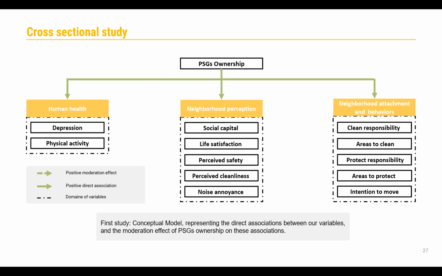In a first step, we analyzed the direct correlation between PSG's ownership and our variables, and in a second step, we conducted tests to determine the moderation effects of PSG's ownership on the association between variables.